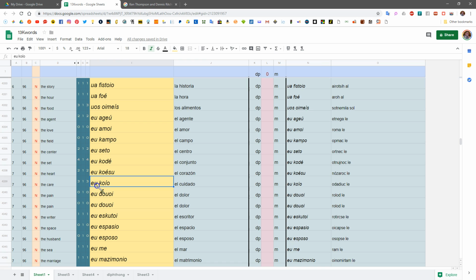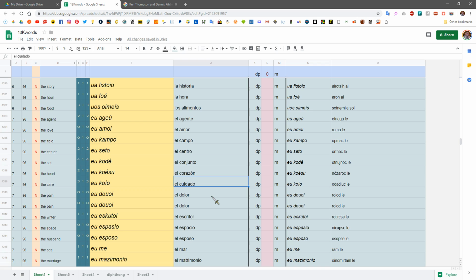This is interesting. This language, city came out as Ilcoyo. No, it's the care, not the city. Oh, that's why. Okay, then never mind. It's because el cuidado is almost like la ciudad.